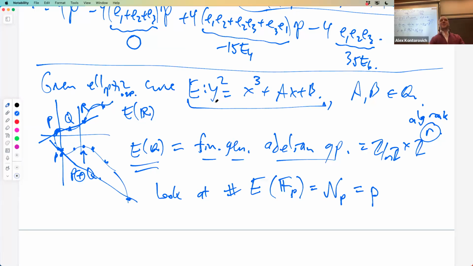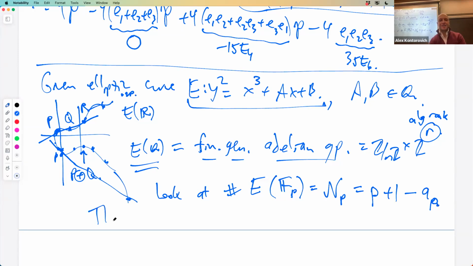So it's half of P times 2. There's also one point, which is the point at infinity. And then N_P is not equal to P plus 1. It's some weird thing that varies. So A_P is how much it varies. You could define A_P as P plus 1 minus the number of points N_P.